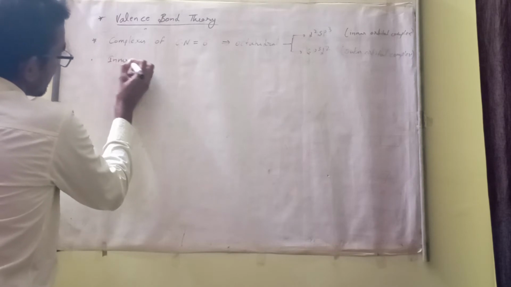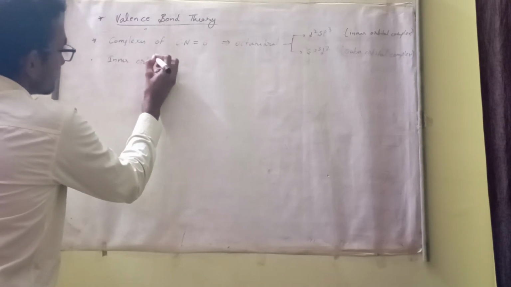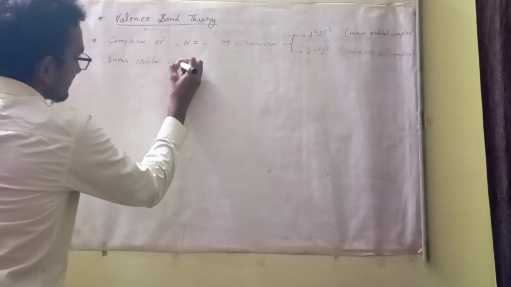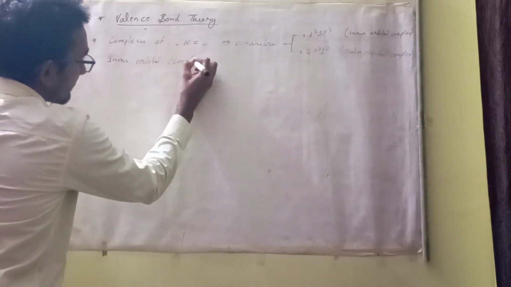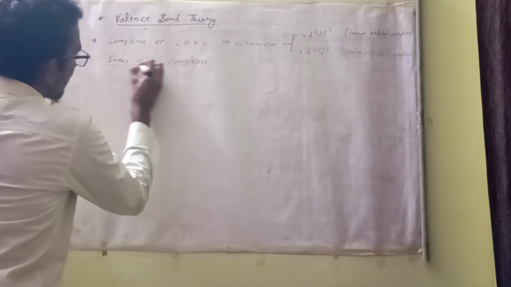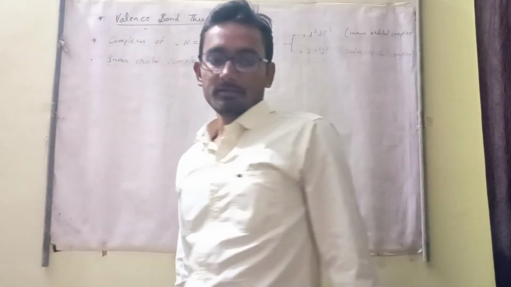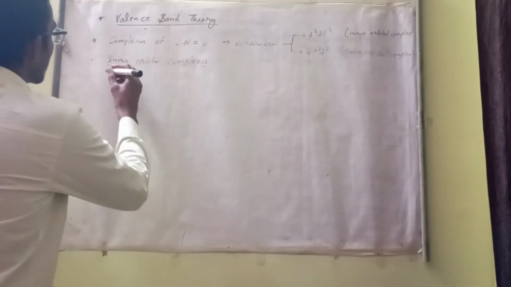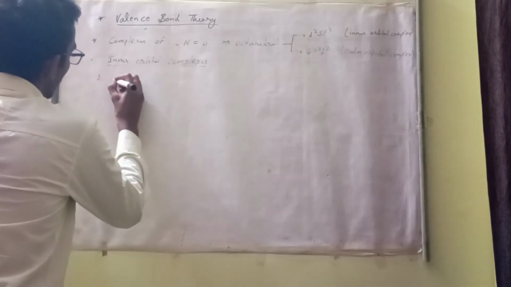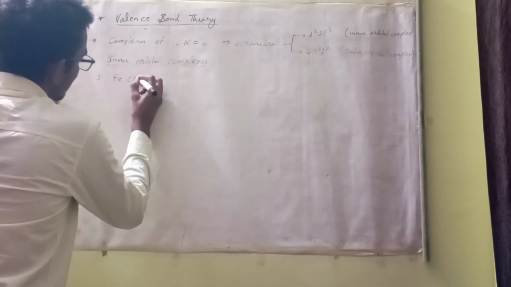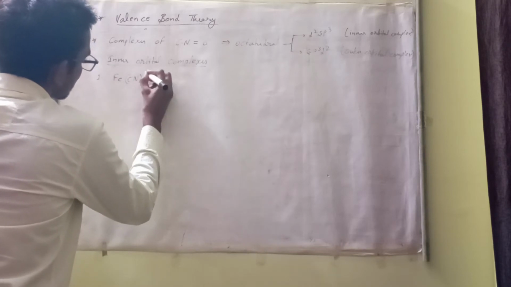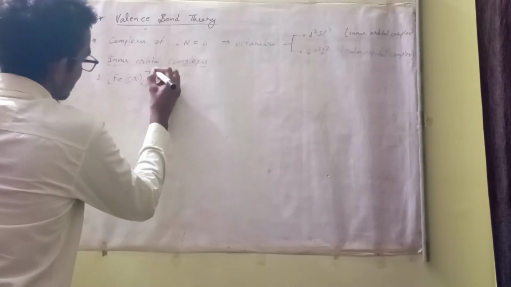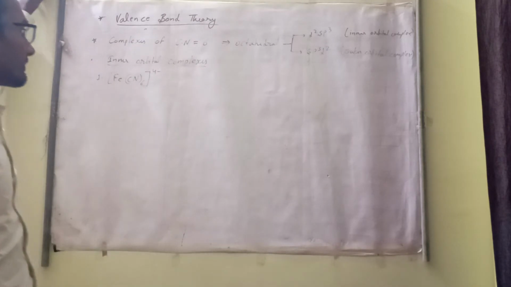Inner orbital complexes are Fe(CN)6, number 1, Fe(CN)6 4 minus.